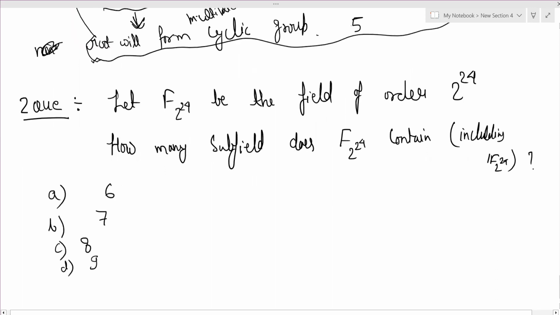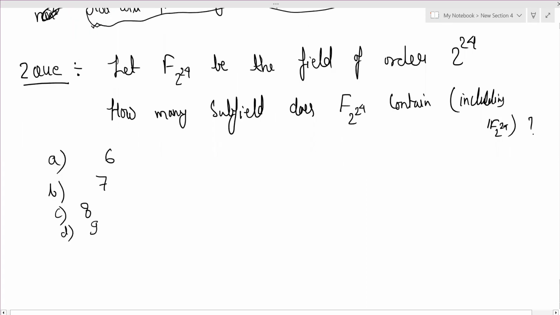So tell me, what are the subfields? How many subfields of F 2 to the power 24? You can think of this as the roots of the polynomial x to the power 2 to the power 24 minus x equals 0.